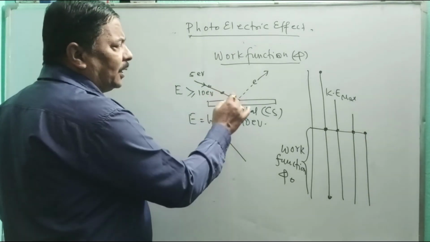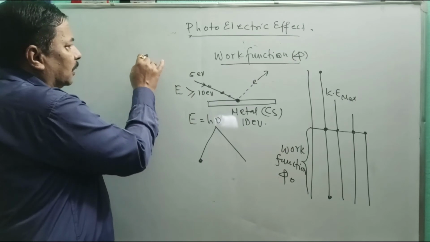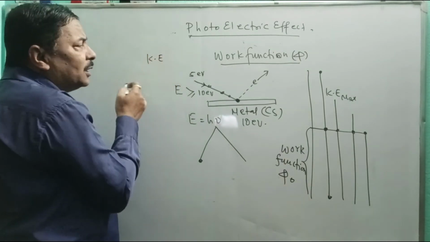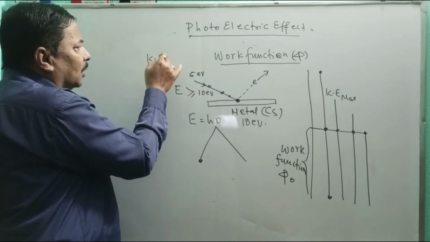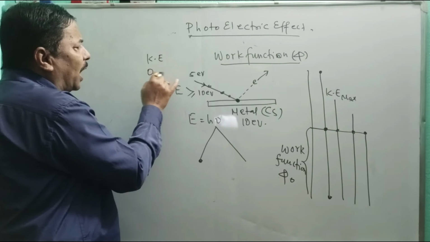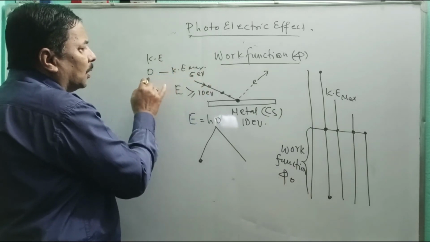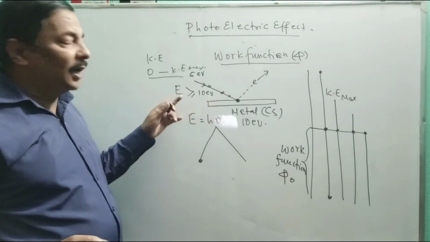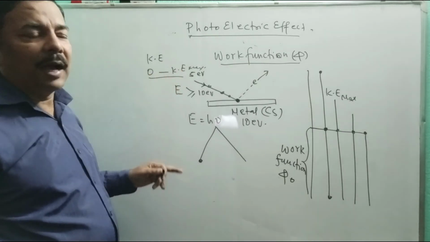So the kinetic energy of the electron varies from the region between 0 and Ke max. The kinetic energy of the electron that is liberated varies from 0 to Ke max.